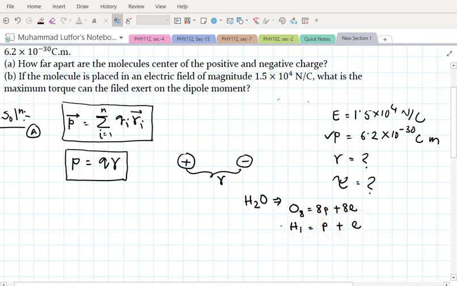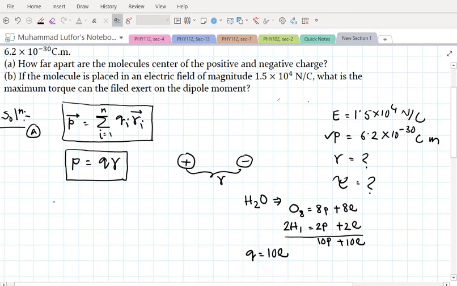But there are 2 hydrogen atoms in a water molecule, so that is 2 protons and 2 electrons. In total, we have 10 protons plus 10 electrons. So there is an equal number of electrons and protons in the water molecule, and the charge for this water molecule will be 10e.